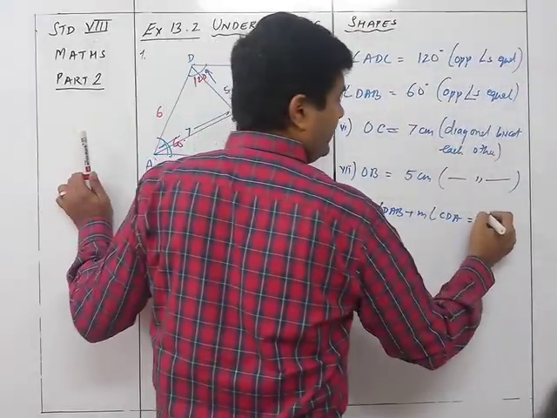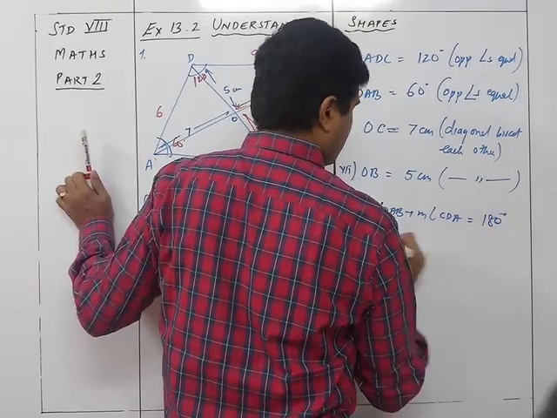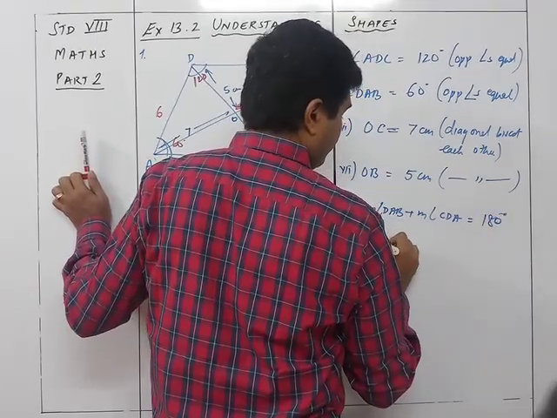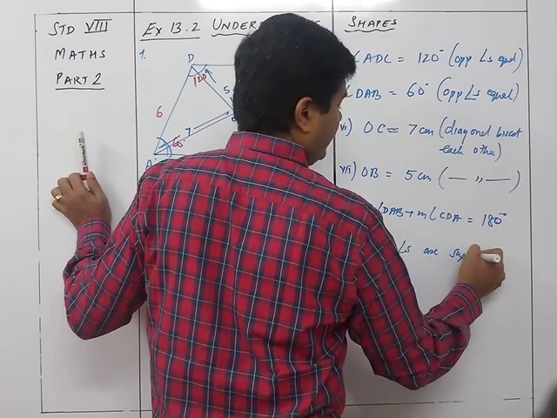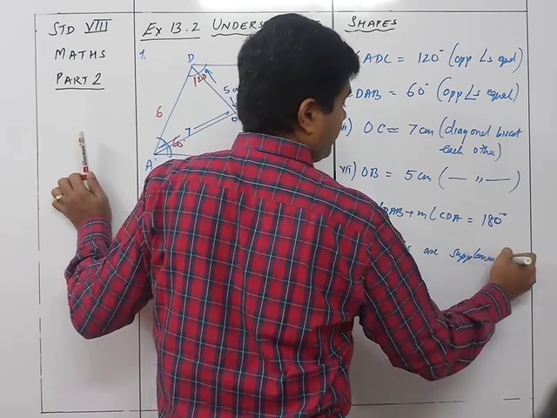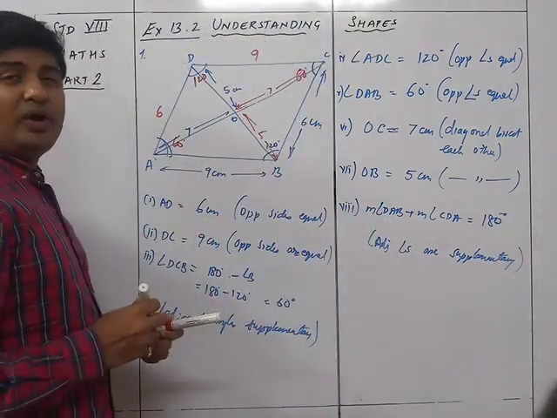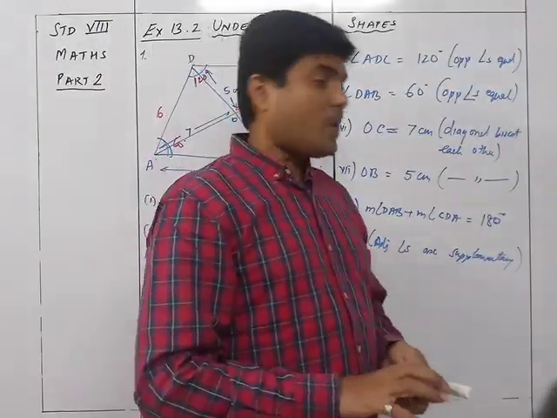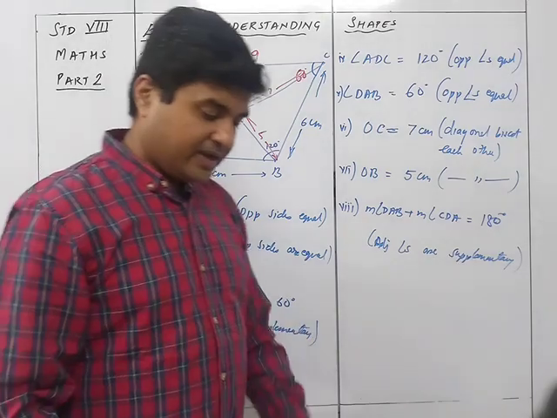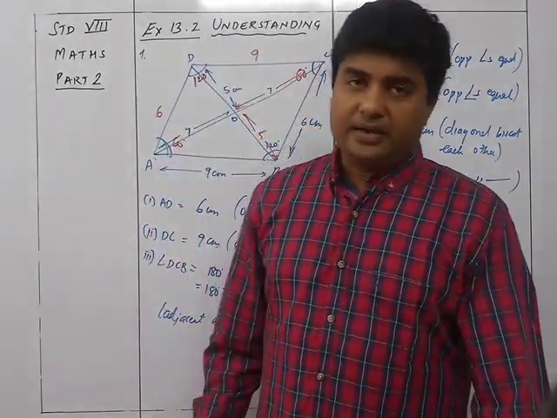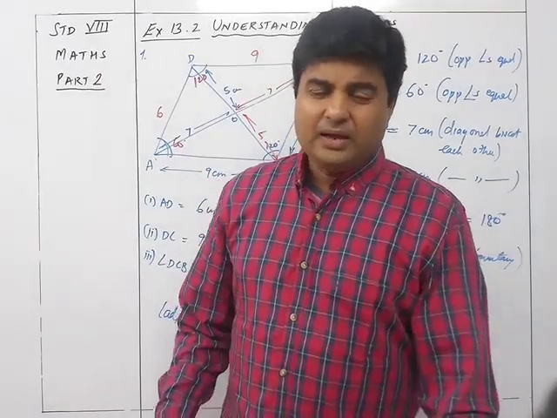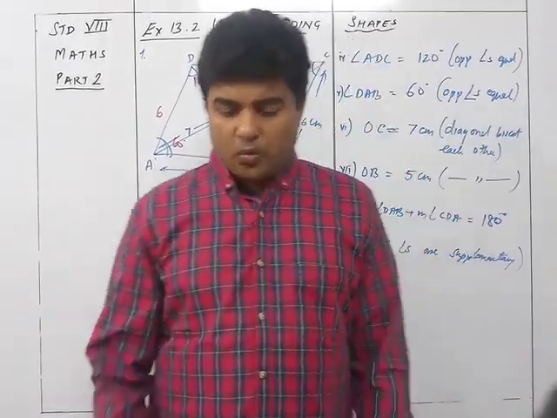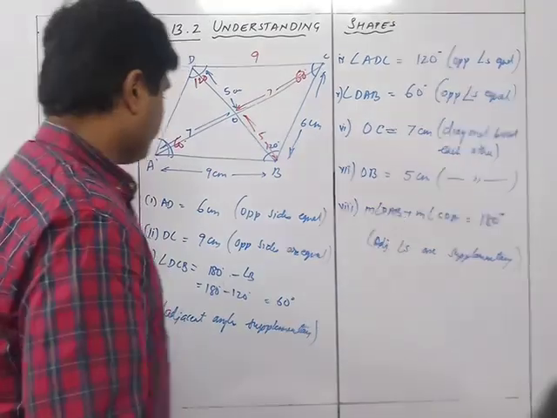So that is going to be 180 degrees because adjacent angles are supplementary. Okay, because the adjacent angles are supplementary, we find that this angle plus this angle equal to 180 degrees. So that is how we are going to solve question number 1. Very easy, very simple. So we now move on to question number 2.